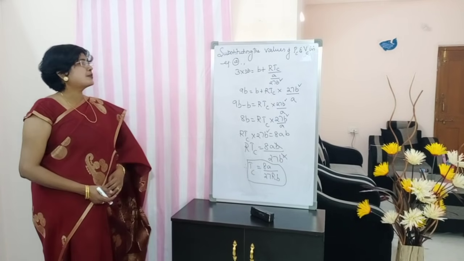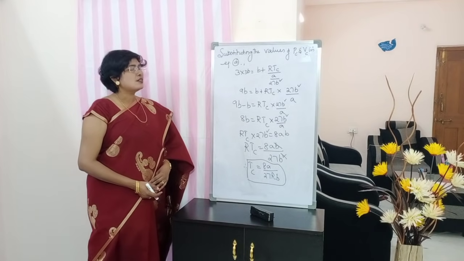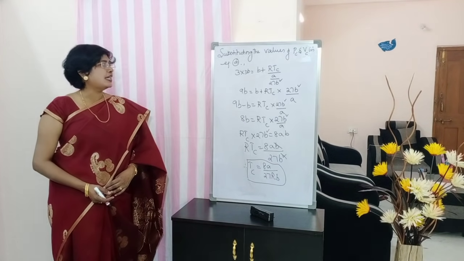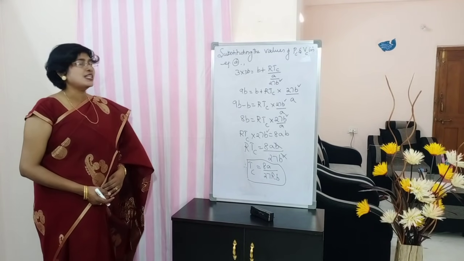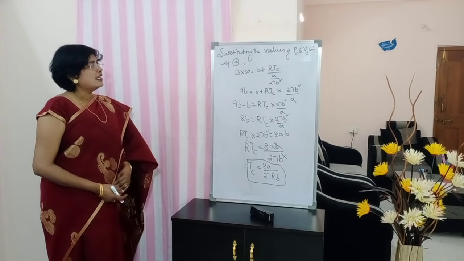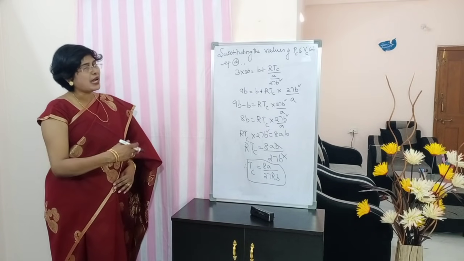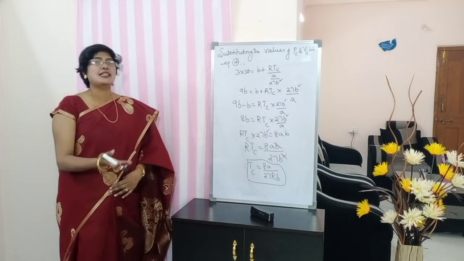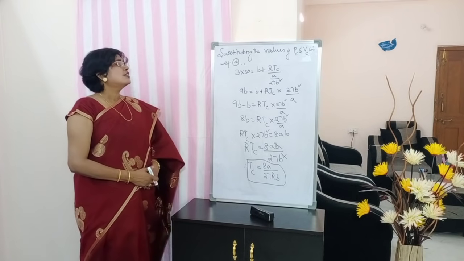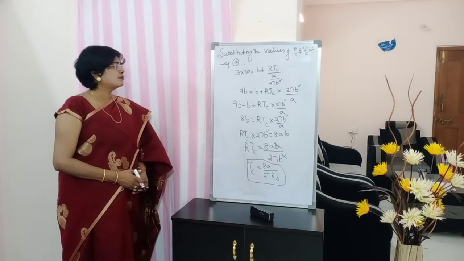Okay. We substituted the value of Vc and Pc students. Fine. So now we will elaborate this equation. 3 into 3B how much? 9B is equal to B plus RTc into, students, RTc by A by 27B square. So this 27B square comes up. Okay. So RTc into 27B square by A.